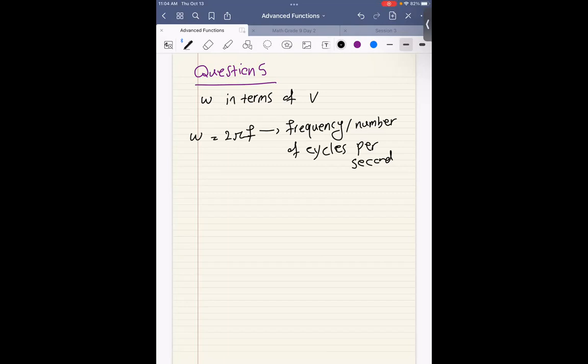Okay. So if the velocity is v and you have an angular rotation, what is the frequency in terms of v? f is equal to v divided by 2 pi r, right?